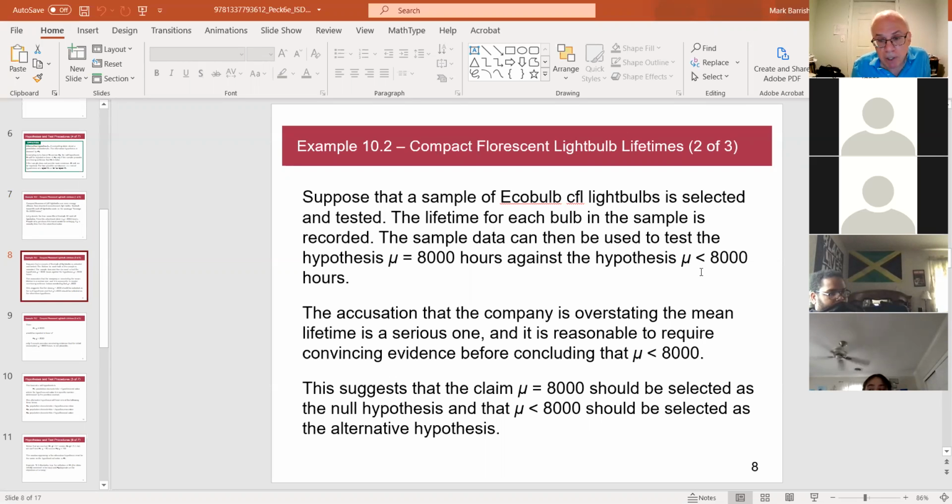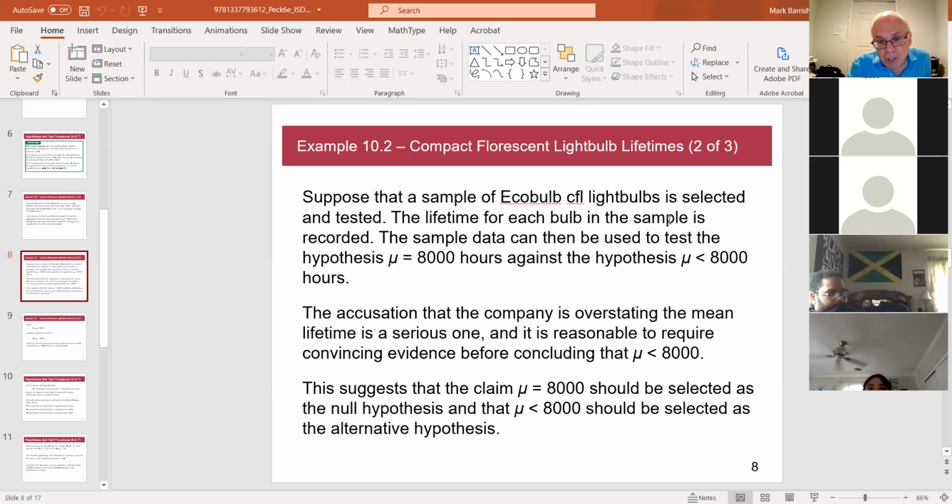So then we look at the evidence. We collect a random sample of these types of light bulbs, and we want to see if the sample mean is so much lower than the 8,000 that we think there's enough evidence to claim that the true population number of hours for the light bulb is less than 8,000.